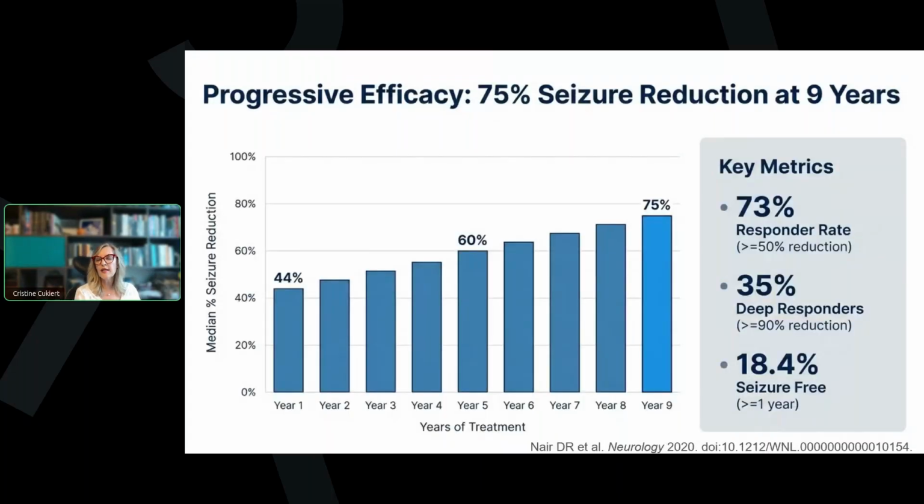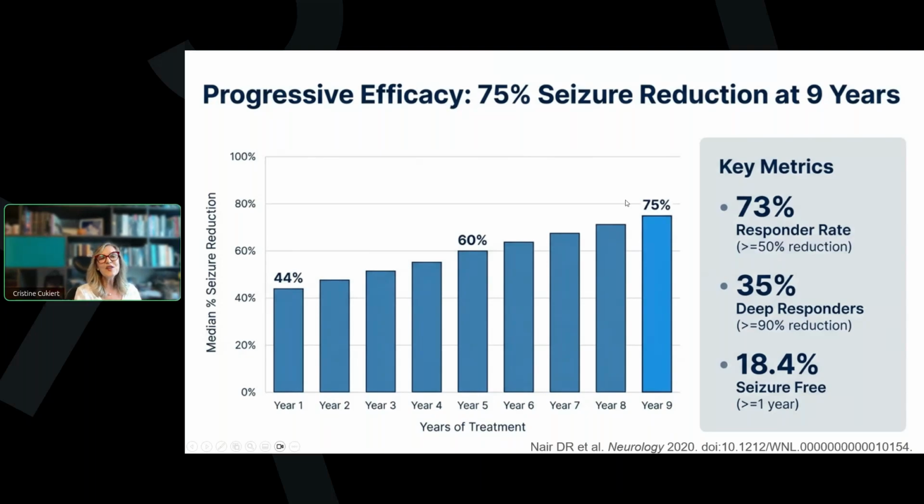This is a very nice paper showing a 9-year follow-up for focal refractory patients. As we also see in VNS and in DBS, we see in RNS a better response with time. Here at year 9 we see about a 75% responder rate in this kind of patients.